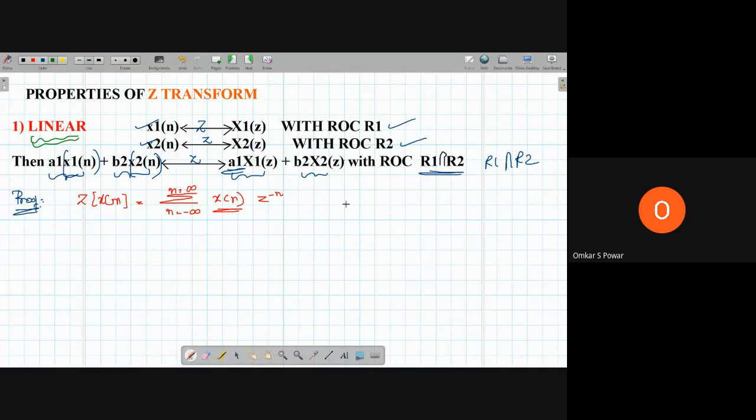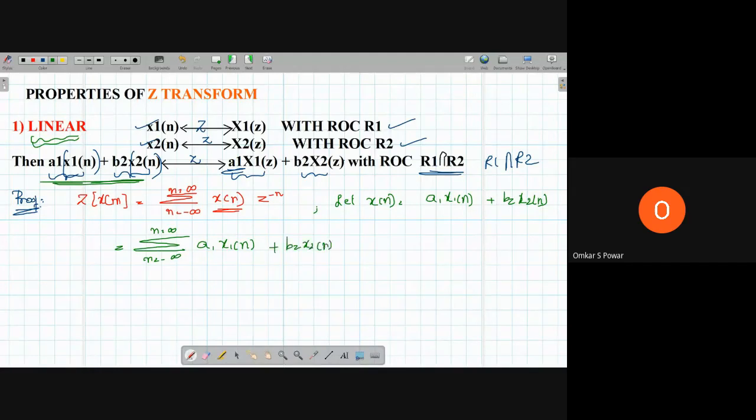I'll substitute in this formula: summation n varies from minus infinity to infinity of a1 x1 of n plus b2 x2 of n, whole multiplied by z to the power of minus n.